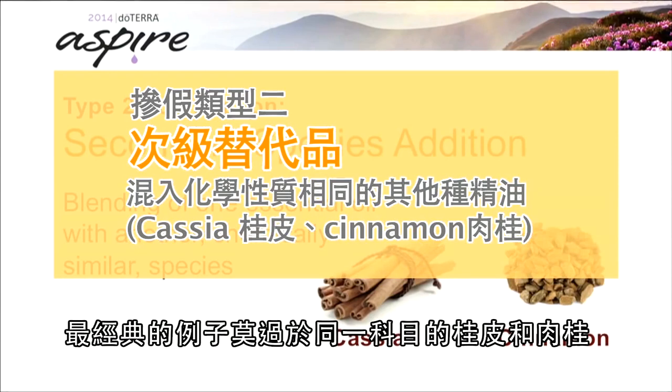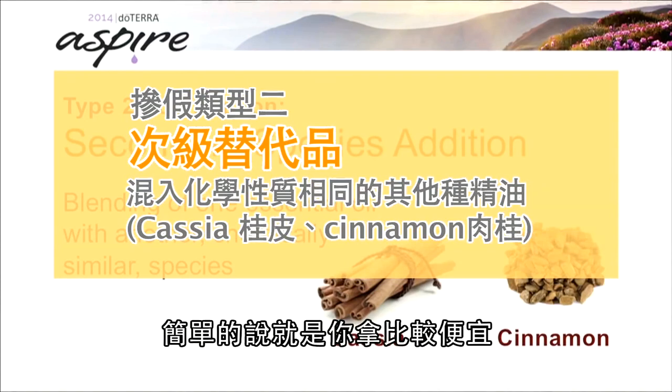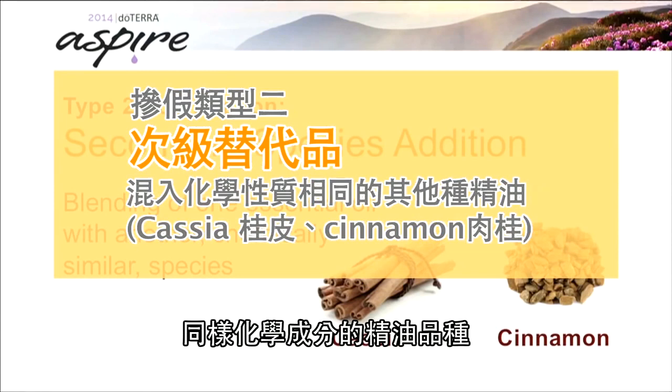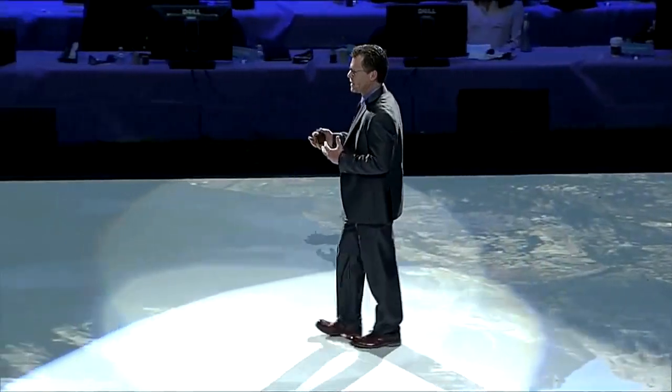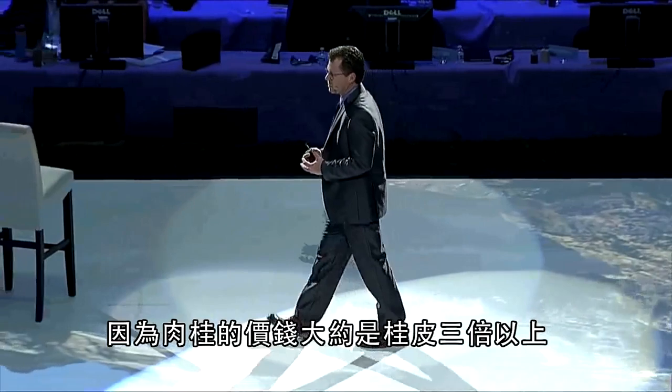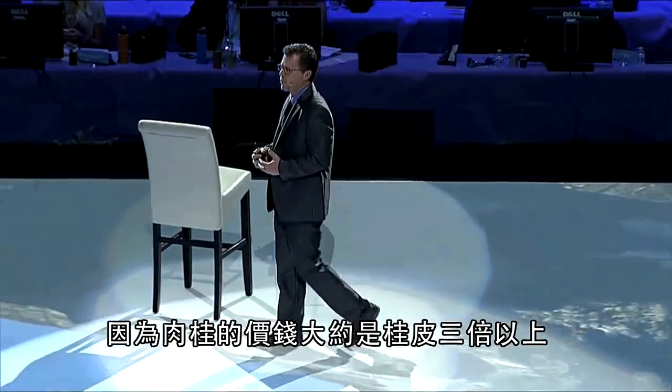It's basically taking a less expensive species which produces a similar oil, chemically speaking, and using it to blend in a more expensive oil. So cinnamon bark is about 3 times or more the price of cassia.